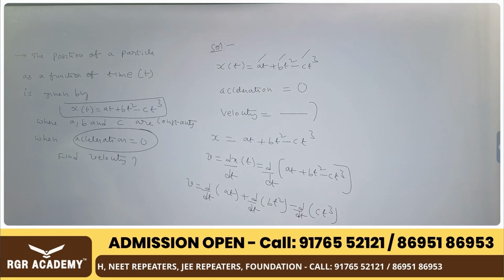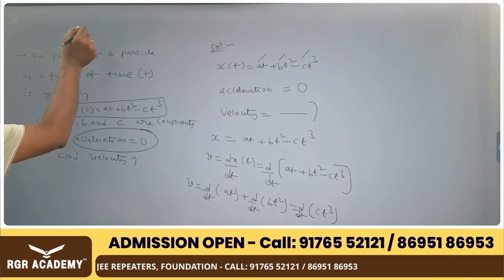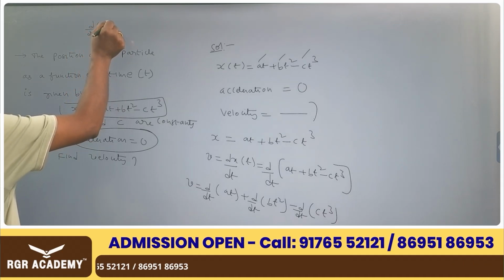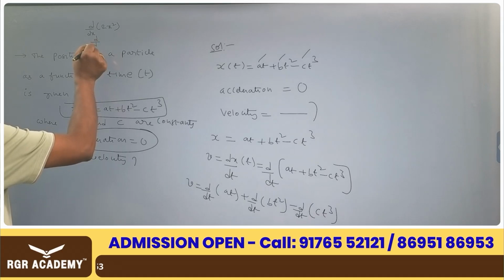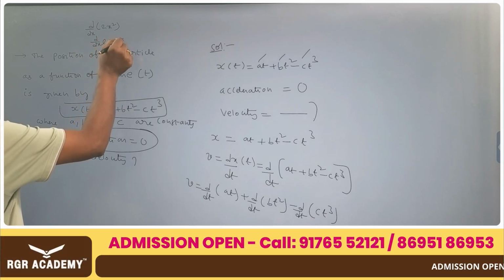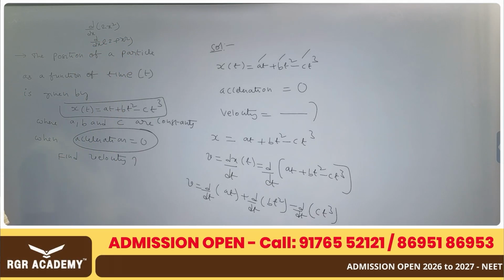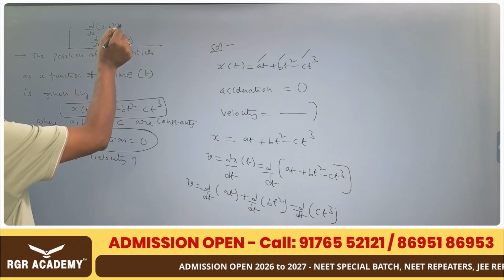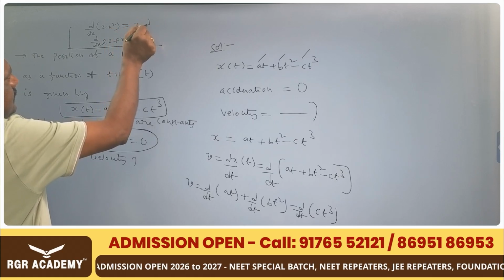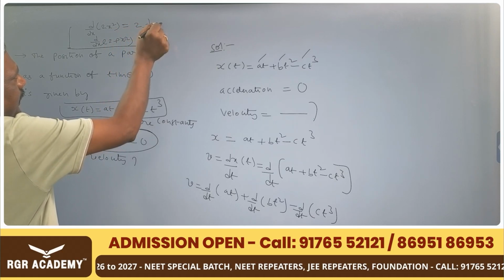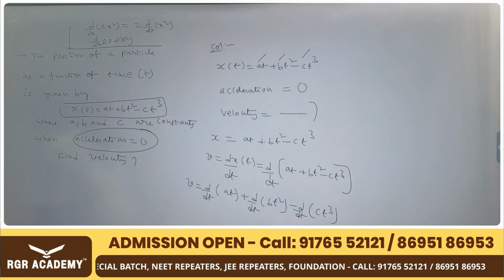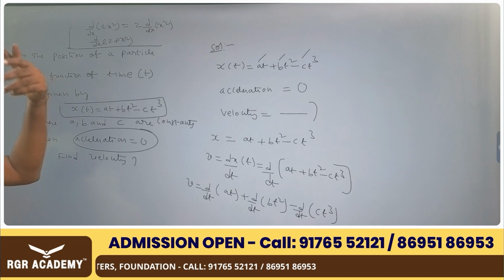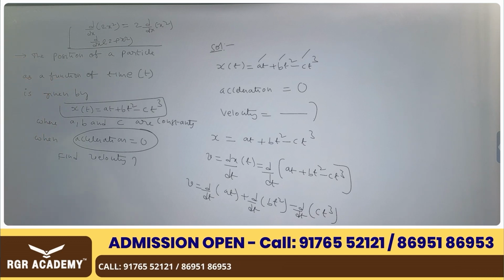We have already discussed the differentiation concept. D by dx of 2x square and d by dx of 2 plus x square are both different. Try to understand this point very carefully. D by dx of 2x square means 2 can be taken outside, then differentiate this term with respect to x. That is 2 into d by dx of x square, 2 into 2x, so it is 4x, using n into x power n minus 1. But d by dx of 2 plus x square is different.